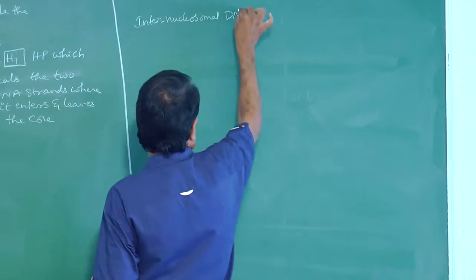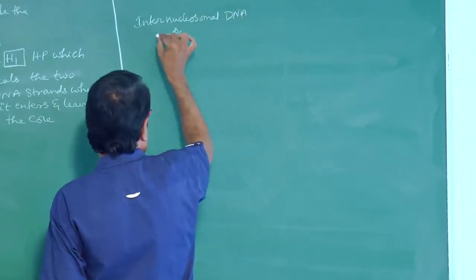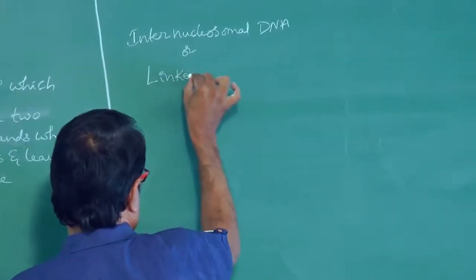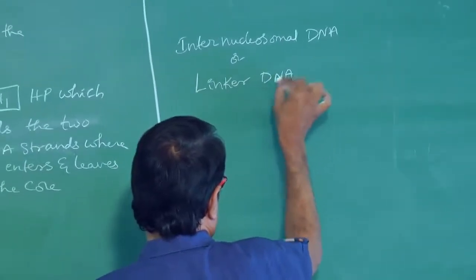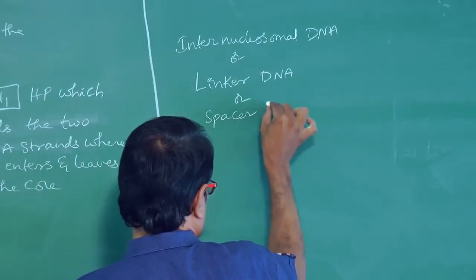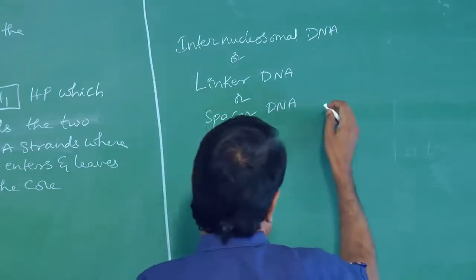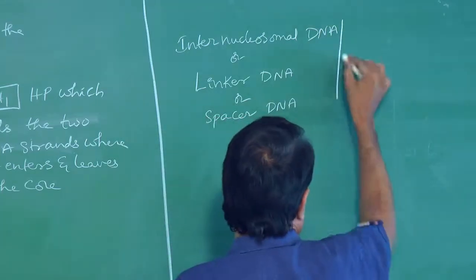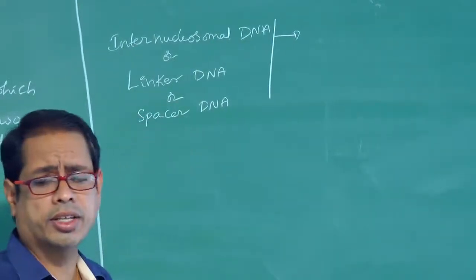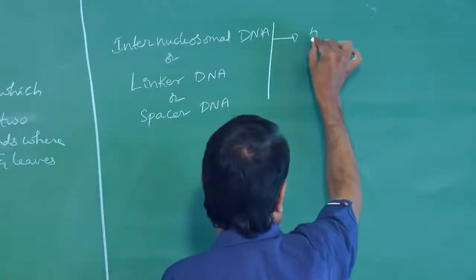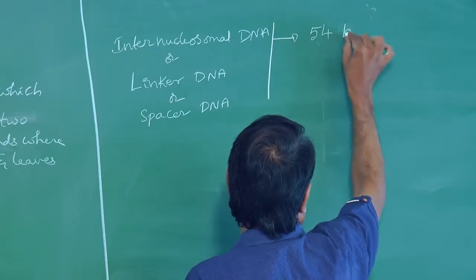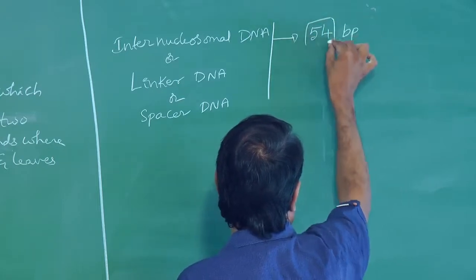Internucleosomal DNA, also called linker DNA or spacer DNA, contains a number of base pairs, 54 base pairs.